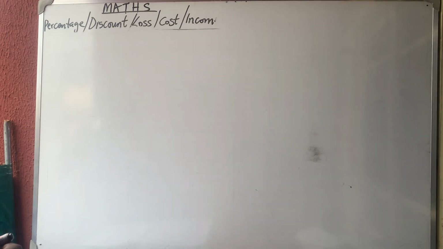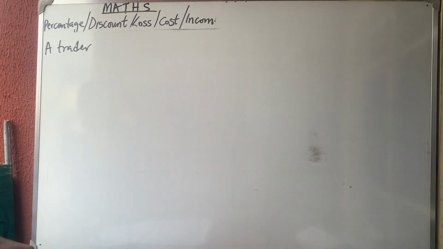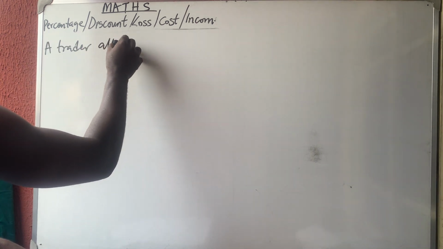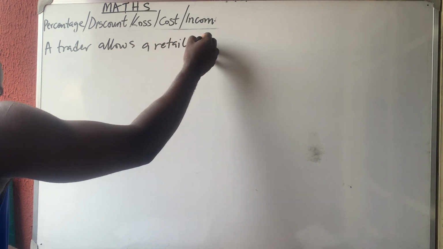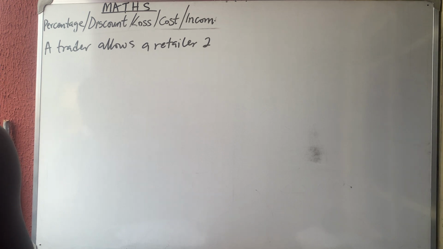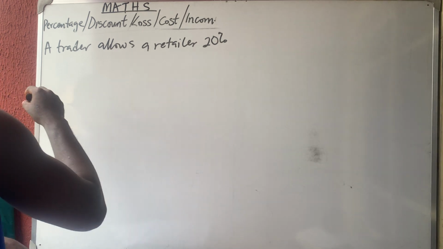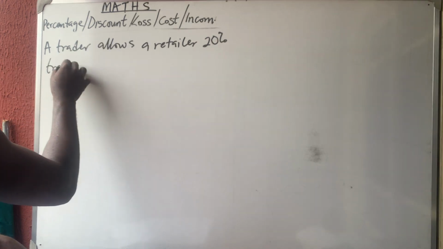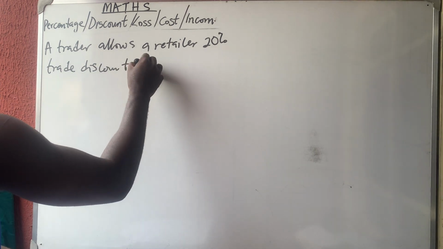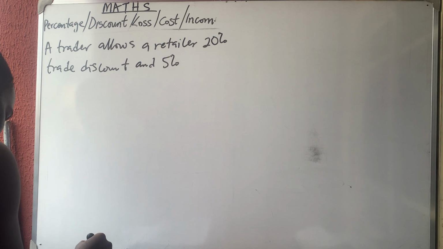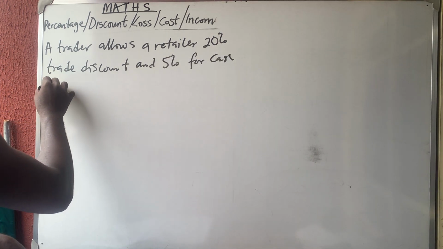So the next question said a trader allows a retailer 20% trade discount, okay, and 5% for cash payment.